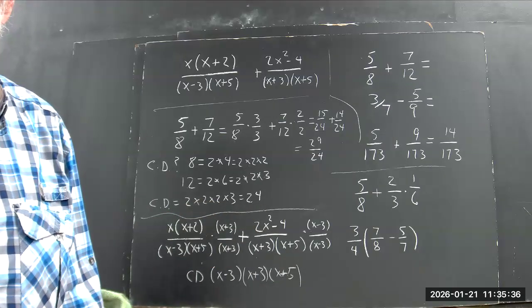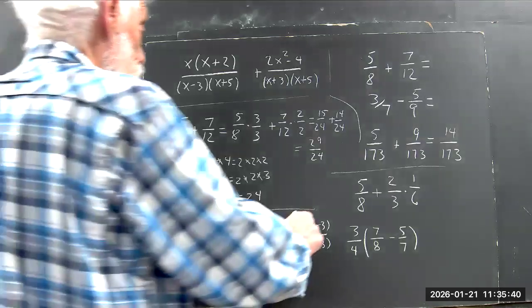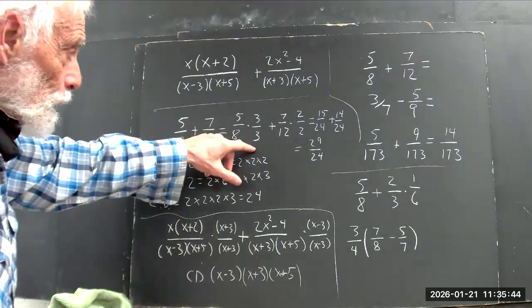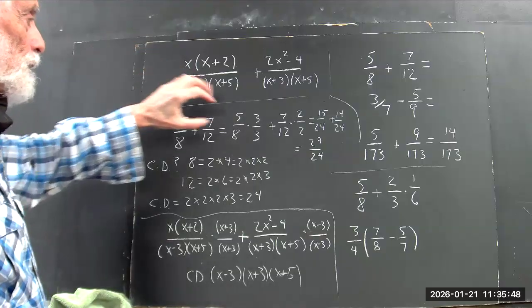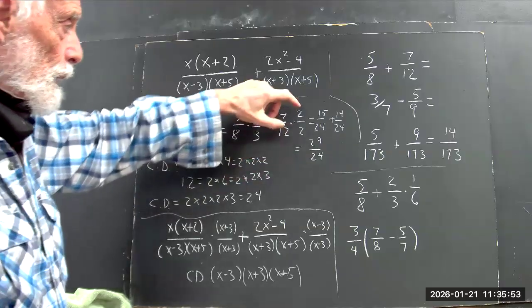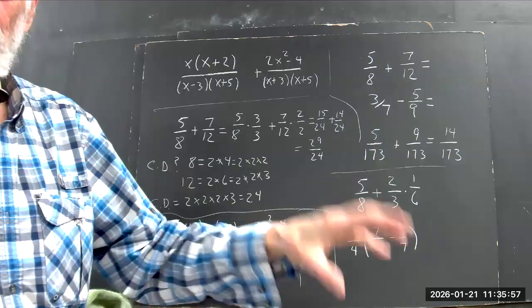Okay? So when you get there, you want to be in the habit of writing out the step where you multiply. Okay, with the 5/8, you multiply by the 3 over 3. With the 7/12, you multiply by the 2 over 2. Don't skip that step.